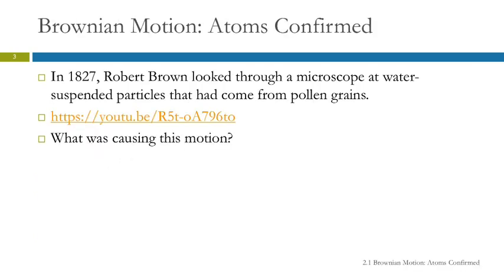In 1827, Robert Brown was looking at water-suspended particles that had come from pollen grains. He was doing this using a microscope. And I've got a little video here that shows something like what he was looking at. Let's see if we can get this to play.